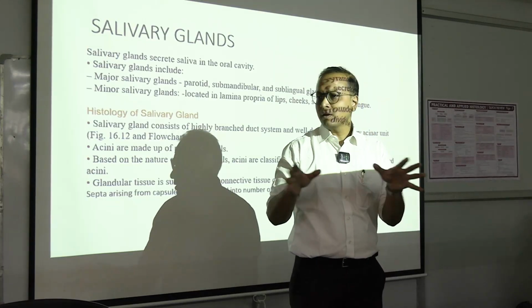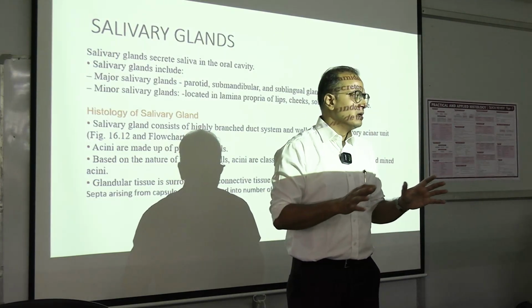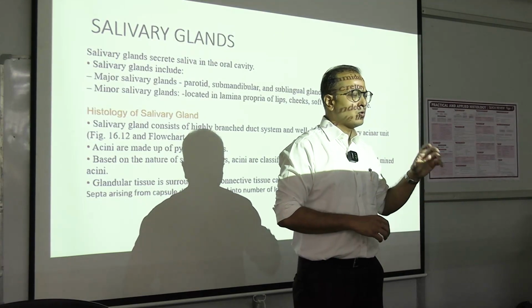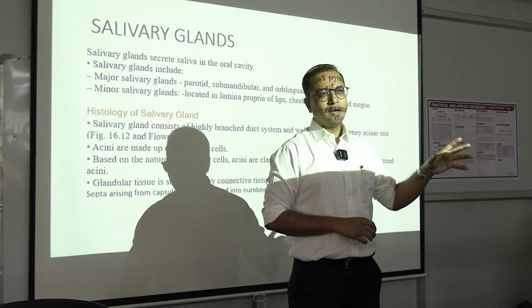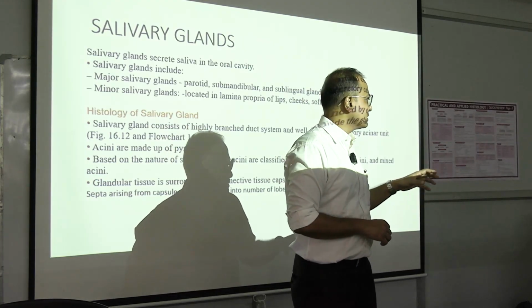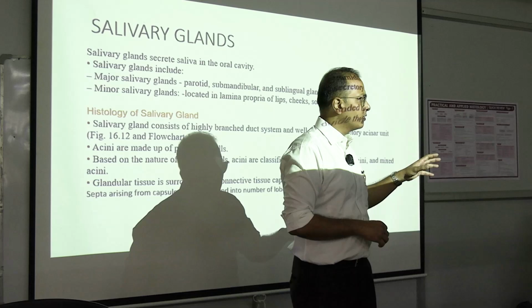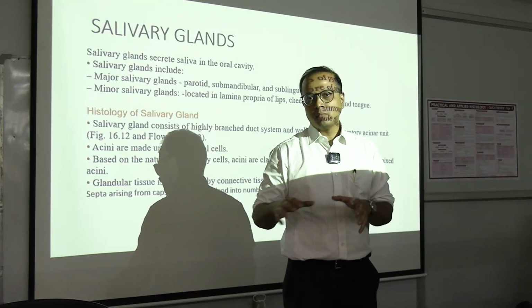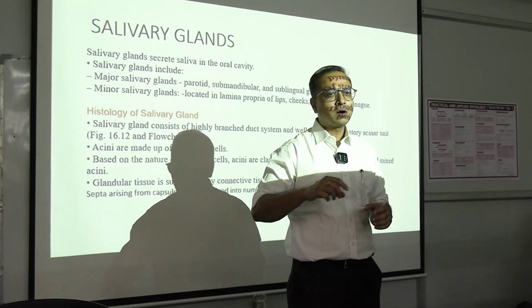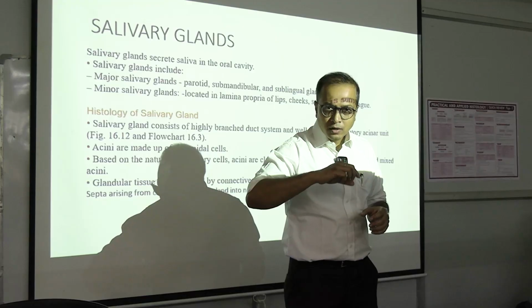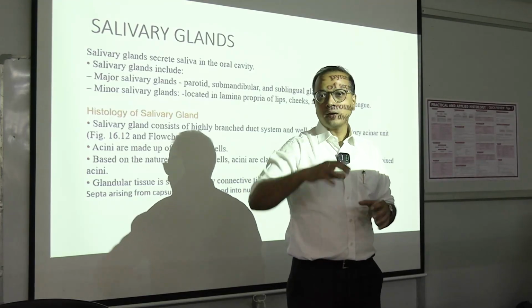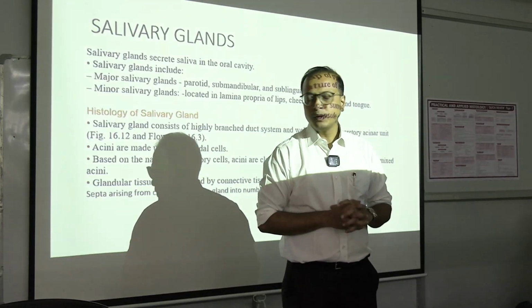So, this is how we can classify it and name it. We are not going to emphasize the naming, but you have to understand how these things are put together so that we can remember this. So, we have a main duct, lobar duct, interlobular duct or intralobular duct. What does it mean actually? You should be knowing that.